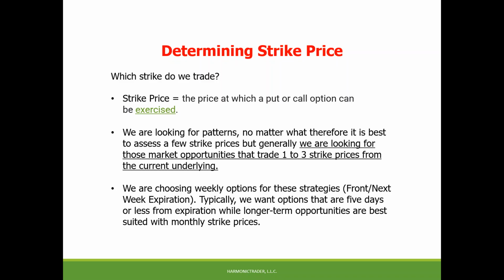And again, we're looking at weekly options. So if it's a Friday expiration like today, or next Friday, that would be the furthest out for these kinds of strategies, about 5 days or less. Now, there are different weekly opportunities.